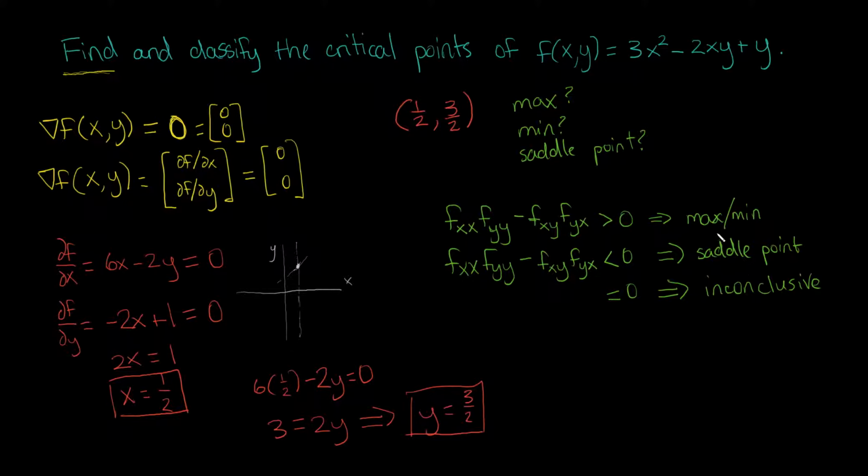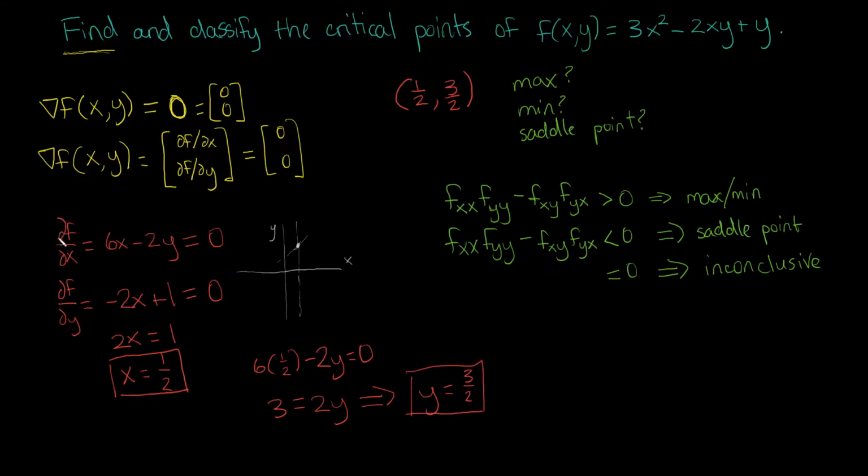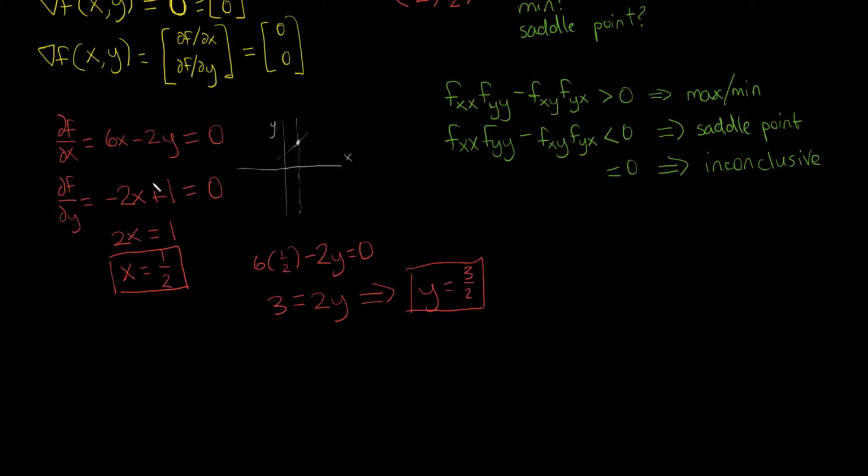So let's go on and calculate this. If we knew that the partial derivative of f with respect to x was 6x minus 2y, then the second partial derivative with respect to x is the partial derivative of this expression. As you can see, the y looks like a constant, and the 6x just goes to 6.